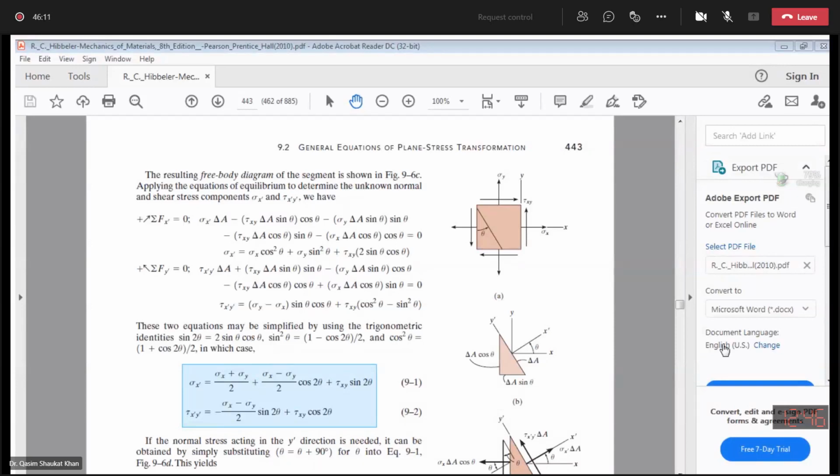If you recall, in the biaxial stress state which we studied last week, we assumed that there is no normal stress acting along the z-axis. Then we came to the conclusion that in the biaxial stress state there are two normal stresses and one shear stress. So now we are going to work on that biaxial stress state, which is your plane stress state.